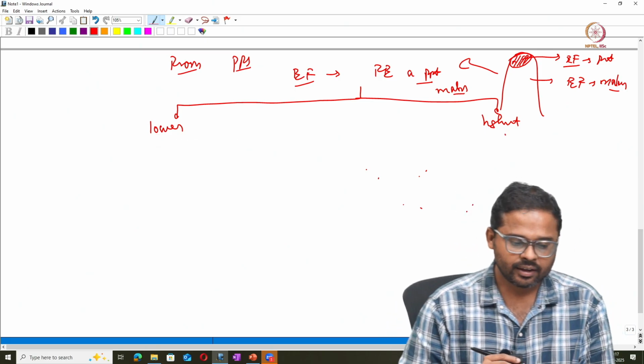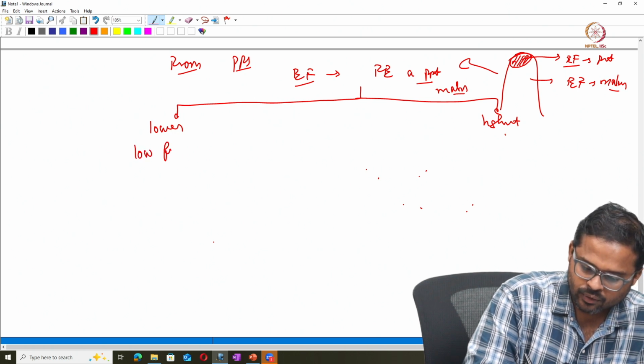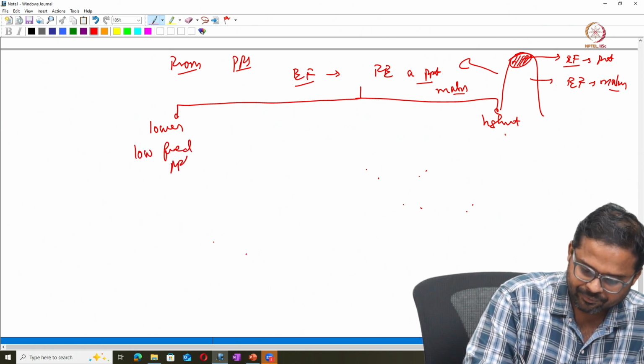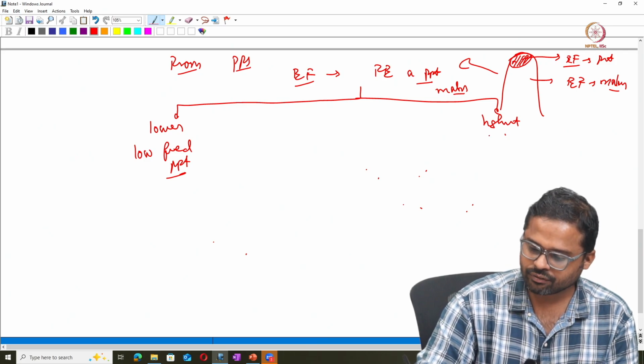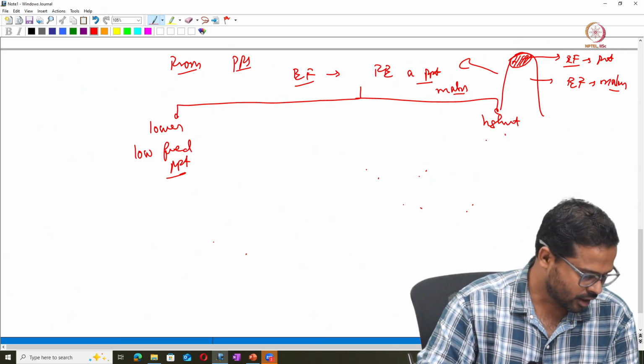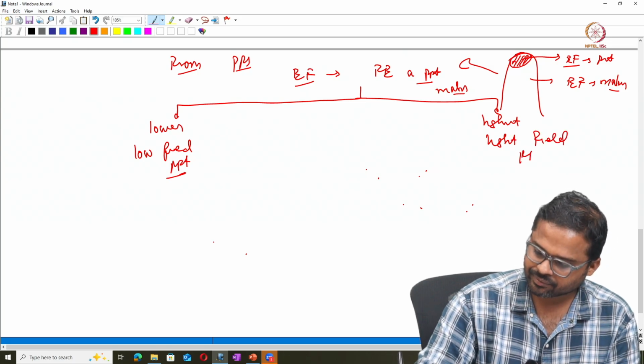If it is lower than the matrix, this is referred to as a low field precipitate, and if the evaporation field of the precipitate is higher than the matrix, these are called high field precipitates.